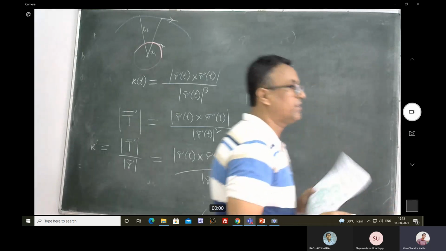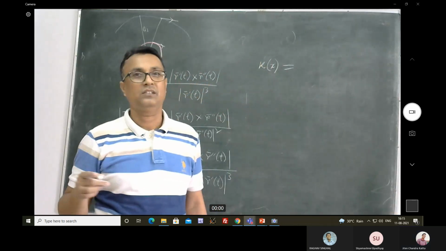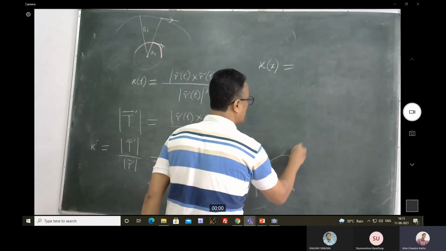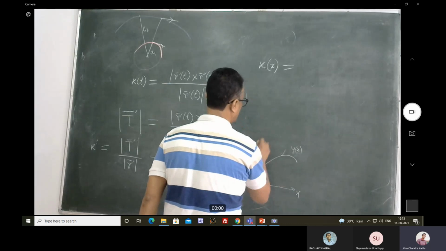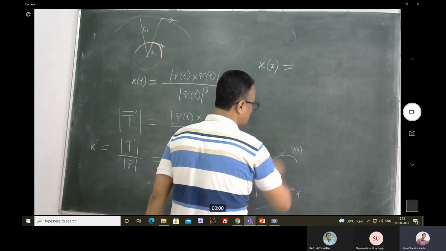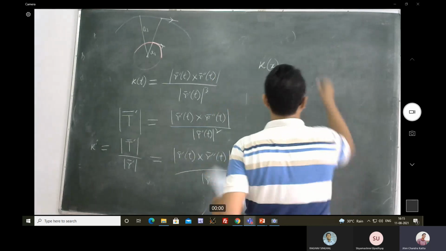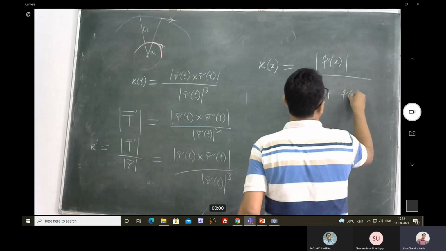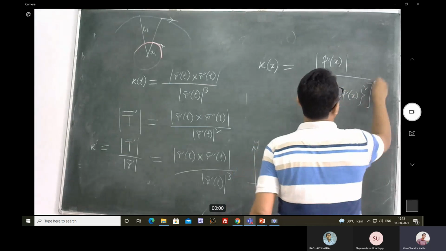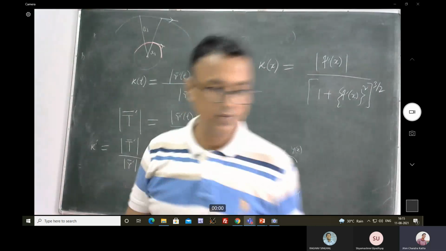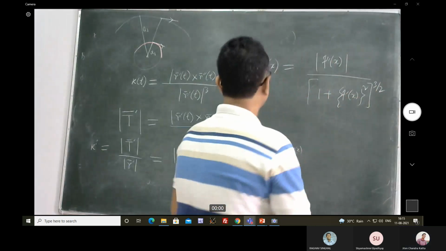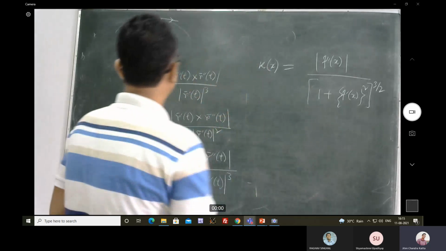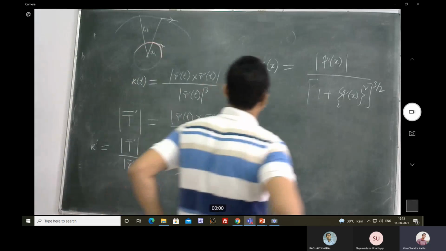If I consider a curve, say y of x, a function of x, and I want to find out the curvature of this, then the formula for this is f double prime x divided by 1 plus f prime x whole square to the power 3 by 2. That's fine. Okay, so now I'm just going to give you how to do it because I don't have time to do all those stuff. Okay, so what you do now, see.